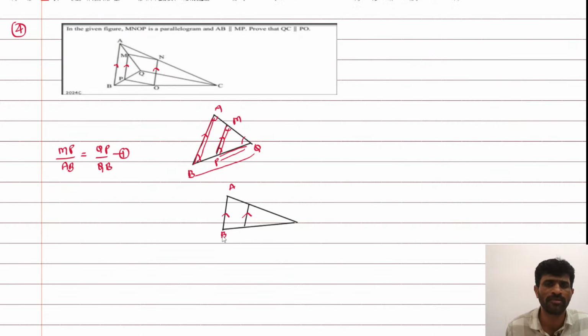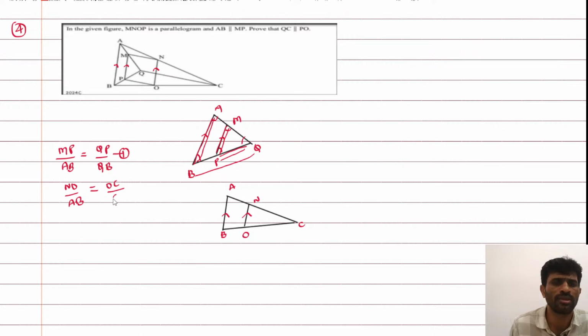A, B, and here C it is. This is NO, and here, in the same way, we can write NO by AB is equal to OC by OB. Okay, this is 2.